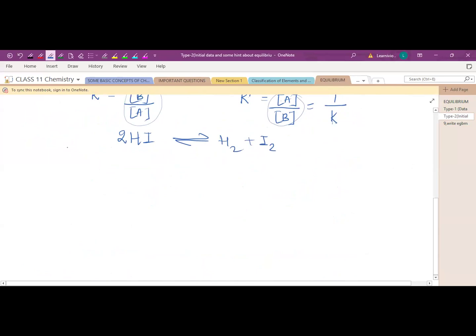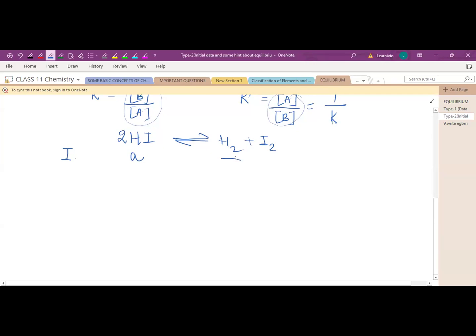Now see, initially, when the reaction has not started yet, try to understand this. The concentration of HI, which is the reactant over here, let us assume is A. And what about the concentration of H2 and I2?